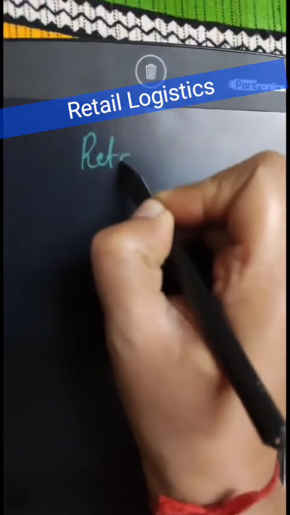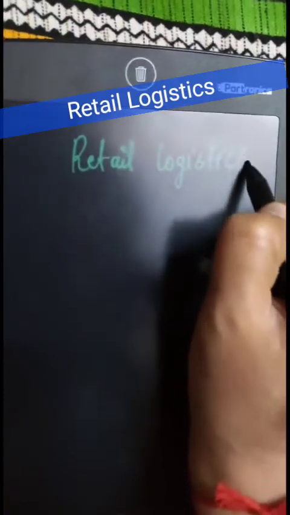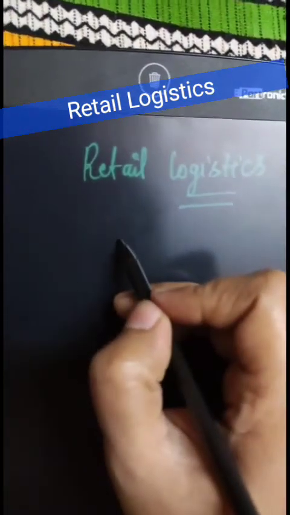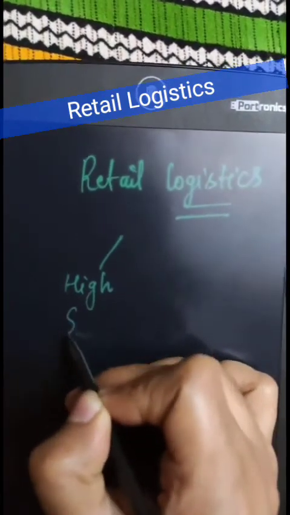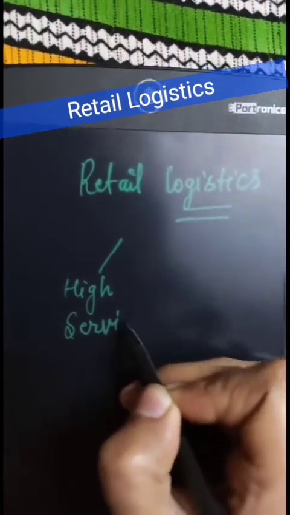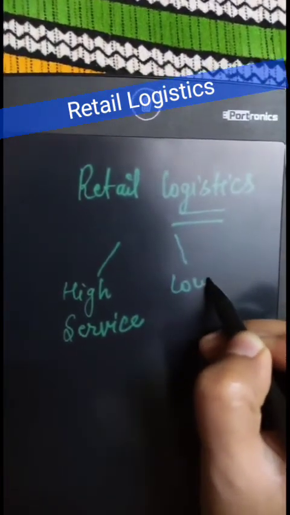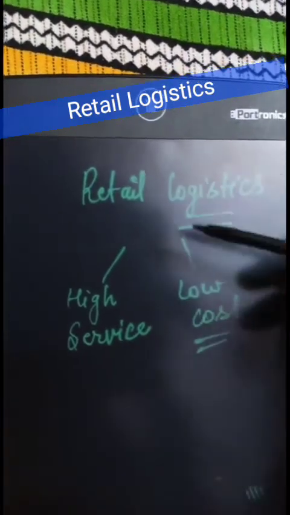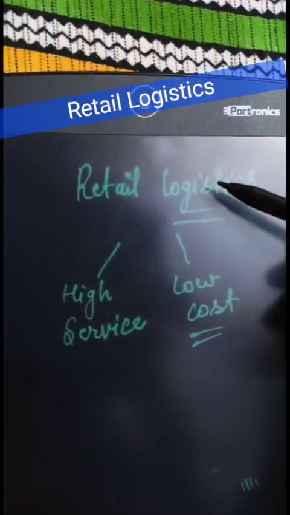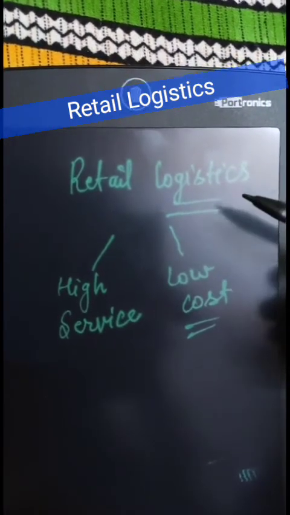So, now we come to the conclusion that retail logistics is used for high service and low cost. The main objectives of retail logistics are optimal supply chain management, high service and low cost.